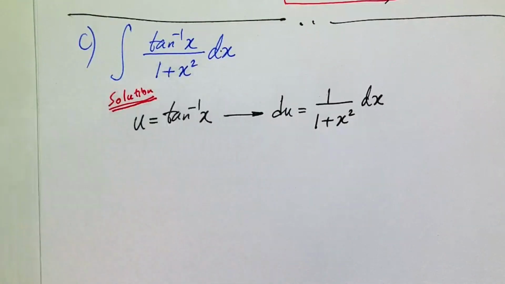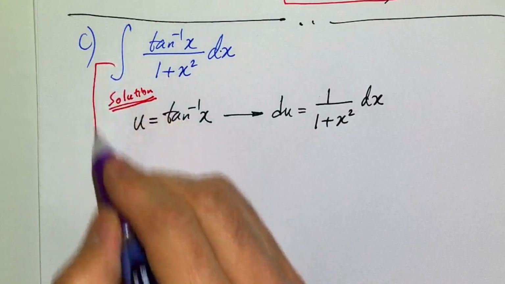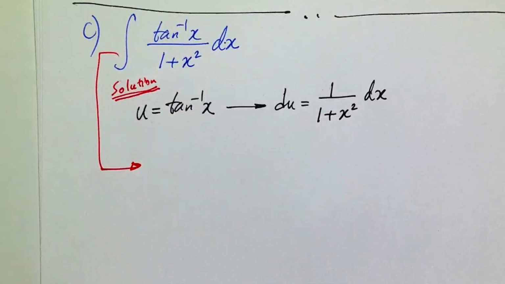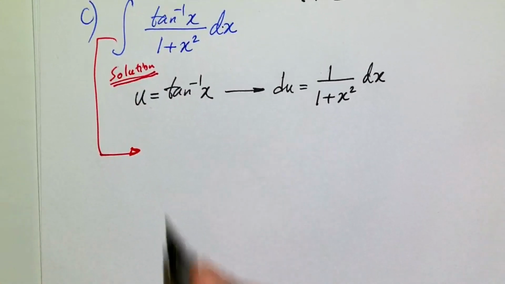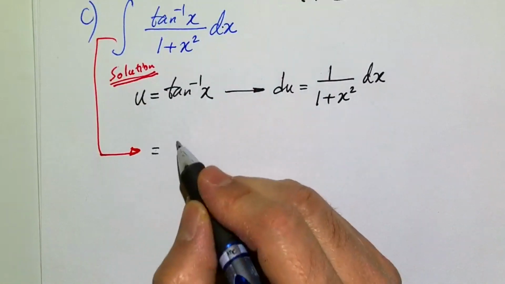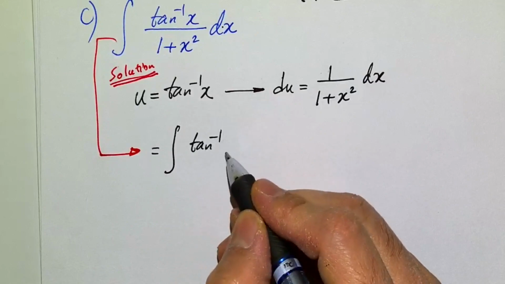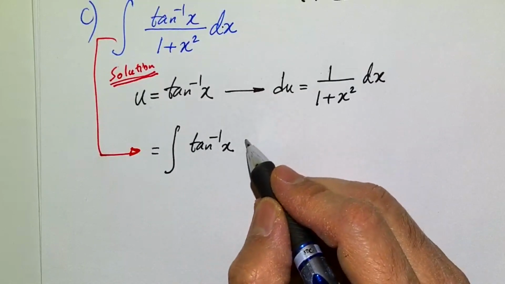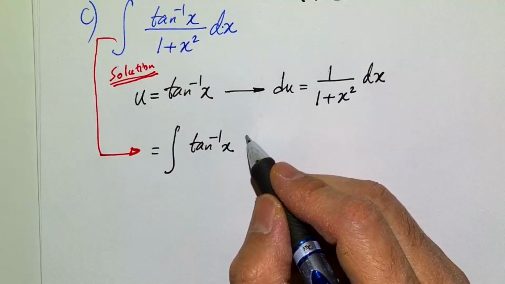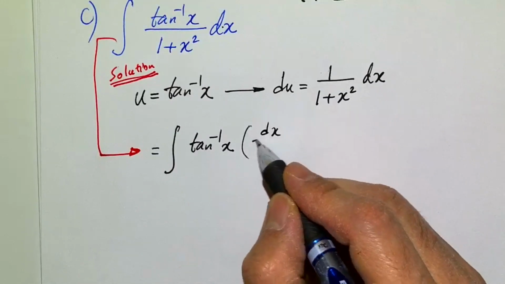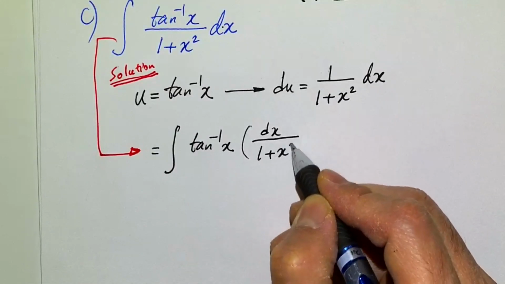If you separate these, right? Why don't I do that here and say that that is equal to the integral of inverse tangent of x times dx over 1 plus x squared.